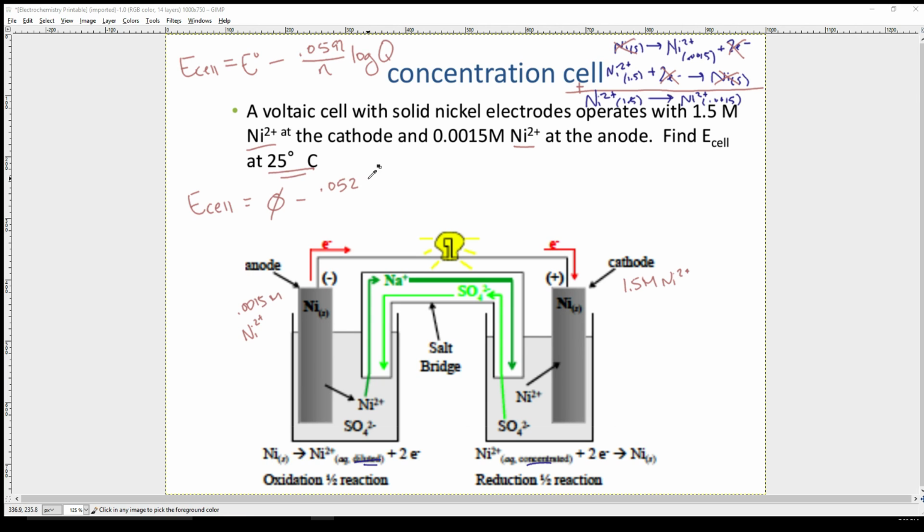Over N. How many electrons are being transferred between the two here? Looks like 2 electrons times the log of Q. Products over reactants. Looks like this is my product based off my net ionic, and that's my reactant.